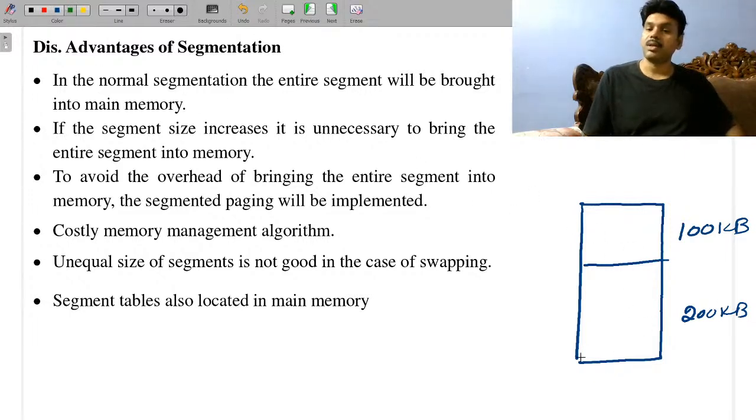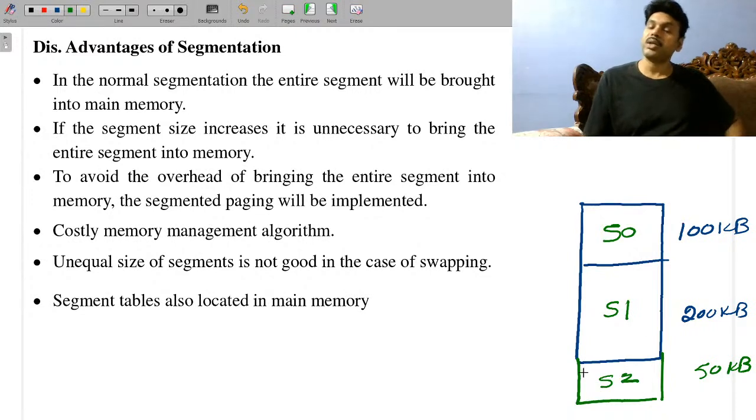Now you see there is one more block in the middle. This capacity is 50 kb. Please understand. Earlier this was given to S0, this to S1, this to S2. According to that, the space has been allocated to three different segments.